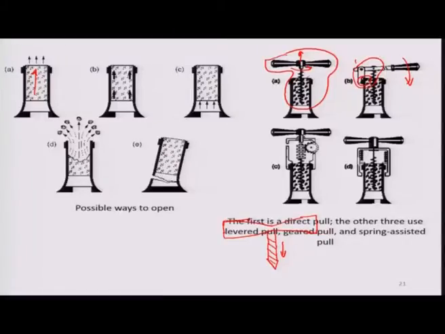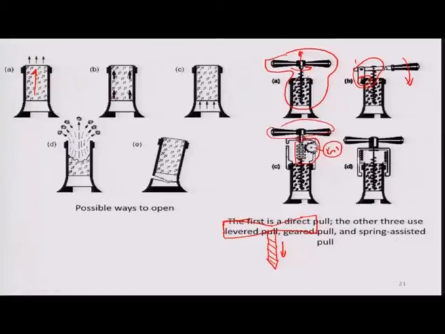Third one is the geared pull. Here there is a gear arrangement, so that when you rotate the handle, gear 1 will rotate and transmit power to the other gear, and it will help you remove the cork from the bottle.